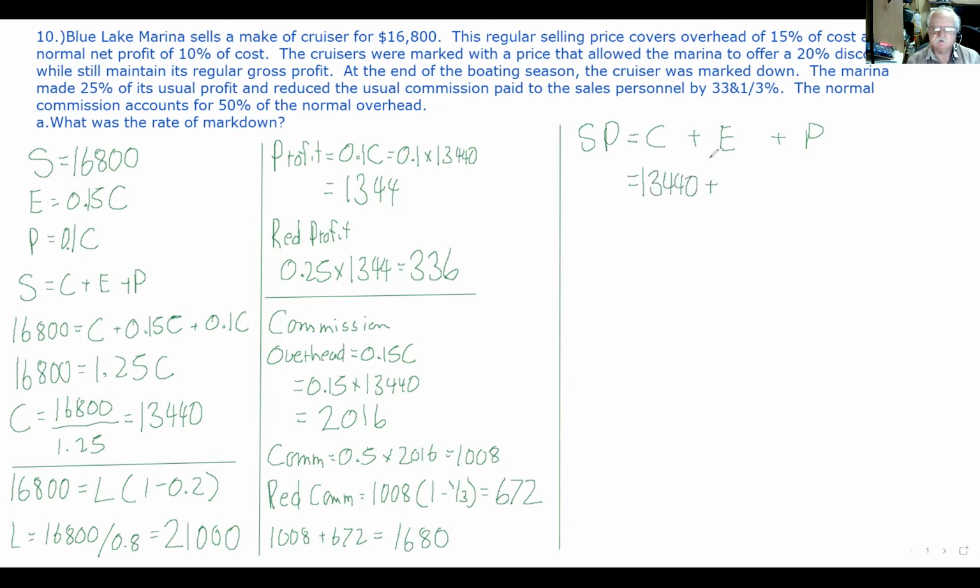The expenses are now down to 1680, and the profit has been reduced to 336. So what does that add up to? $15456.